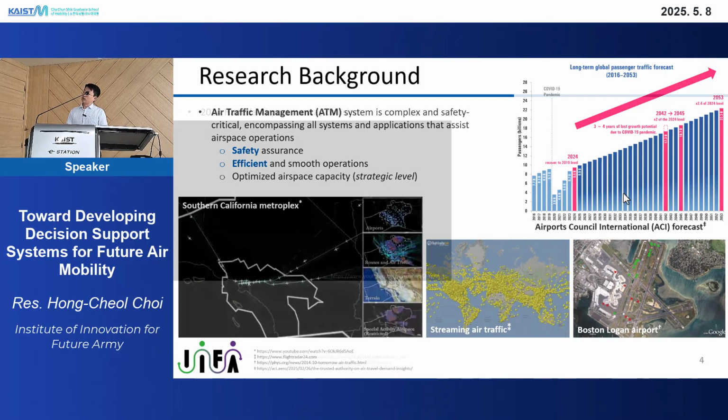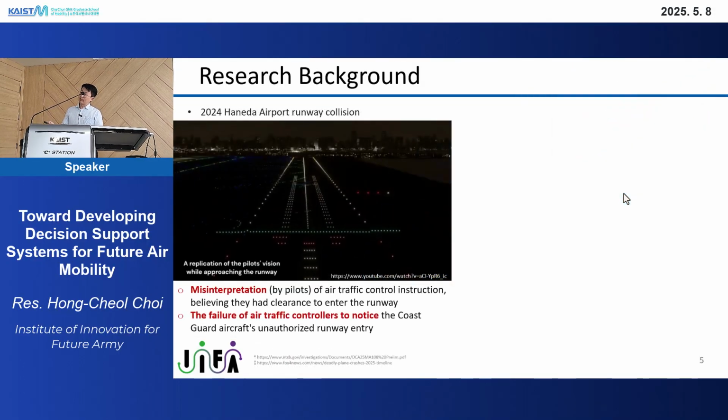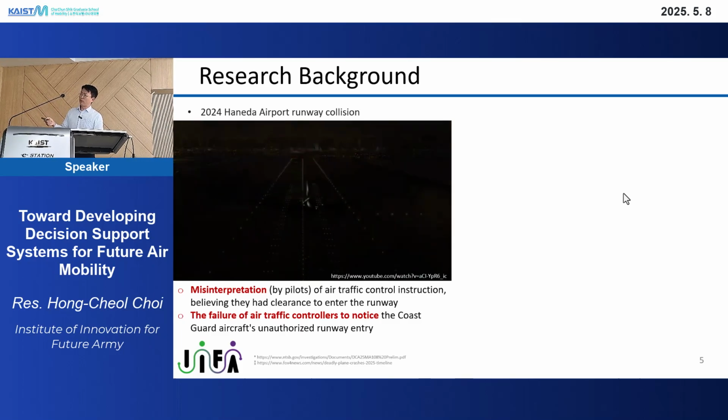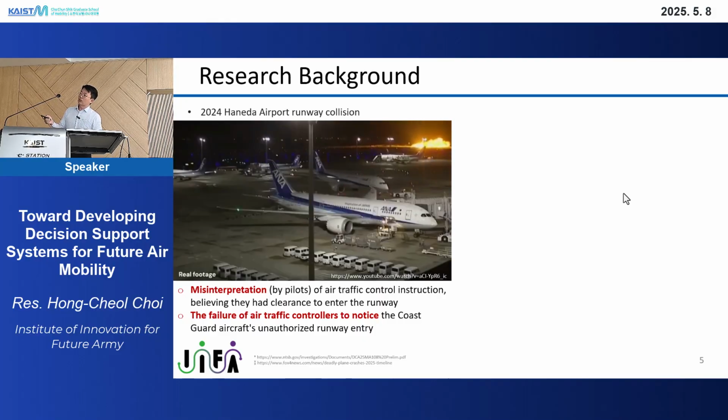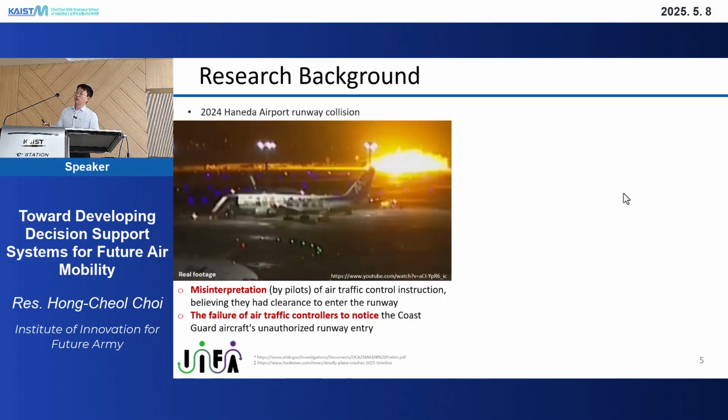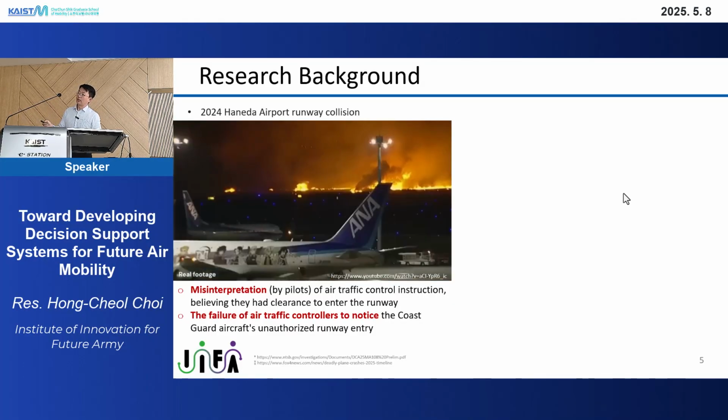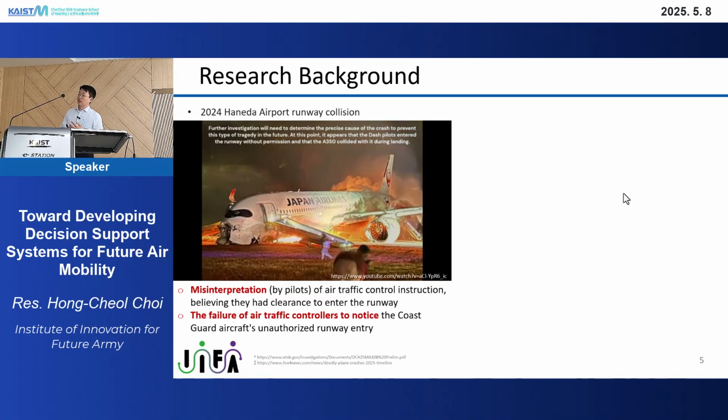I wanted to show some examples of accidents. In 2024 in Japan, there was a runway collision between a Japan Airlines commercial aircraft and a Coast Guard aircraft. The investigation revealed some misinterpretation by the pilots. The pilots in the Coast Guard aircraft believed they already had clearance to enter the runway, but actually they did not.